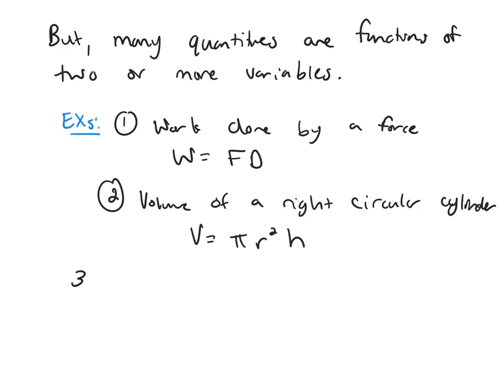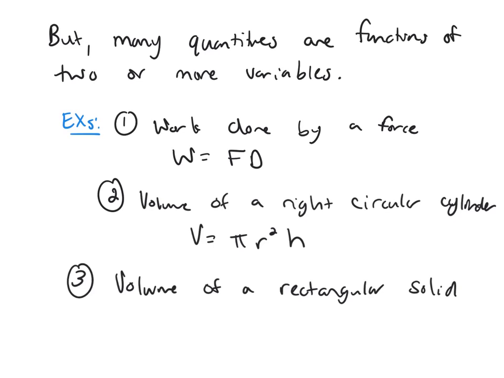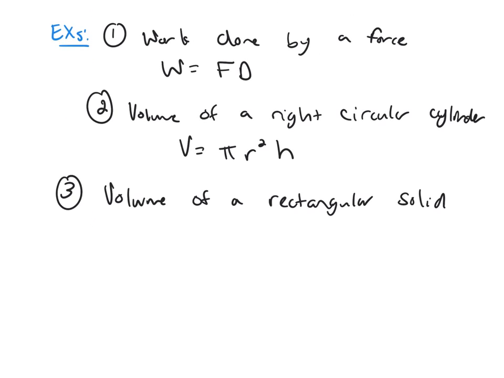And finally, our third example, you have volume of a rectangular solid, like a rectangular box, and the volume is length times width times height. So in this case, volume is a function of three variables, length, width, and height.